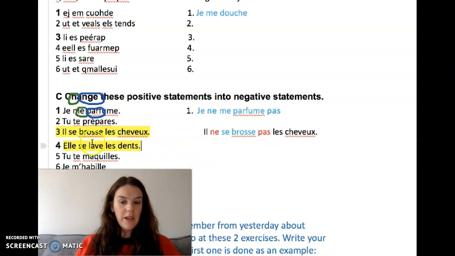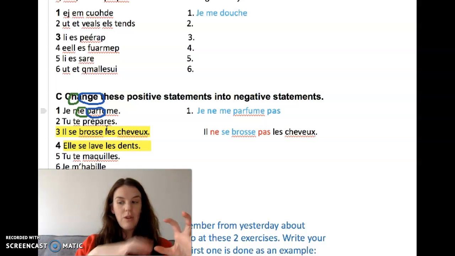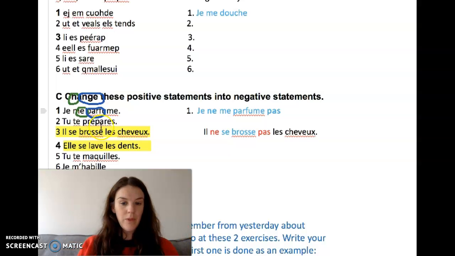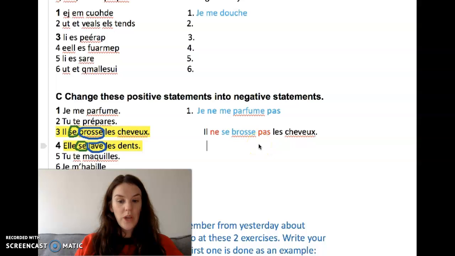So if I were looking at my second example, the ne and pas needs to go around the reflexive pronoun and the verb. It's all changed here. Which would mean I would have elle ne se lave pas les dents.